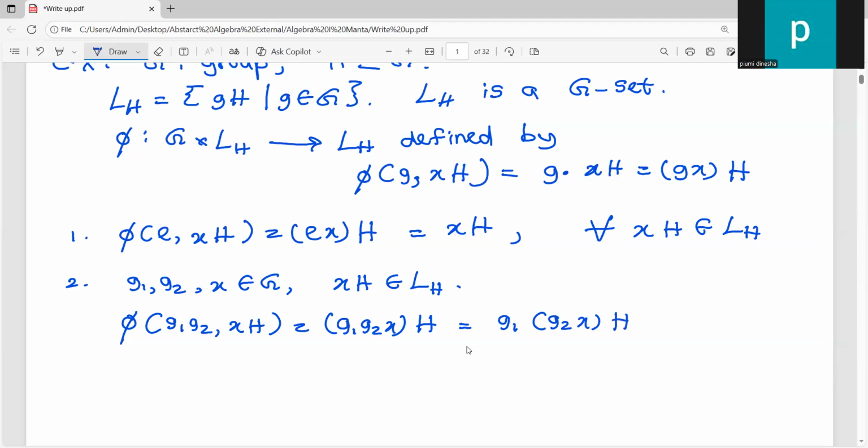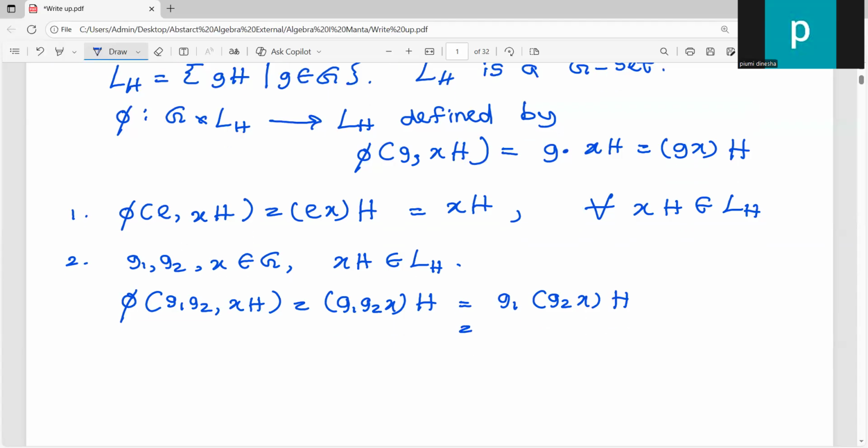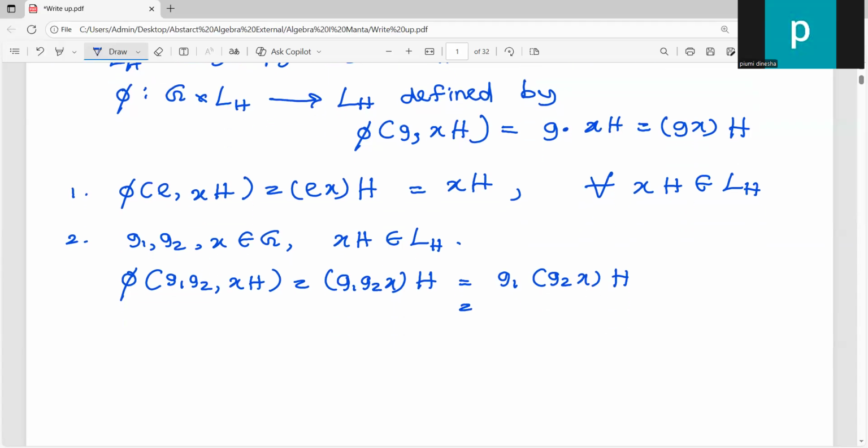We are simply using the associative property of the binary operation defined on G. And this, if you apply the group action, we see that this is simply G1 times phi of G2 comma xH.